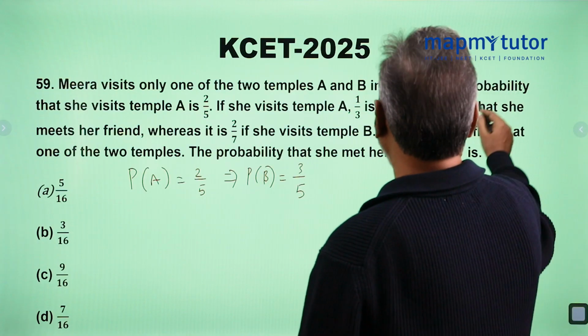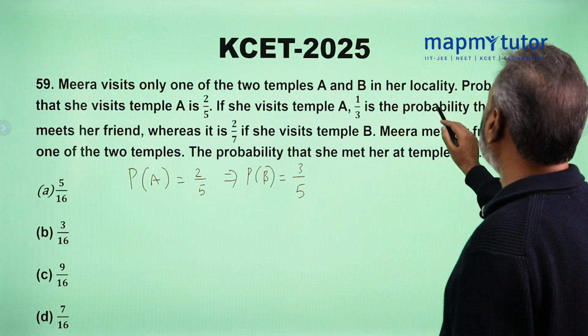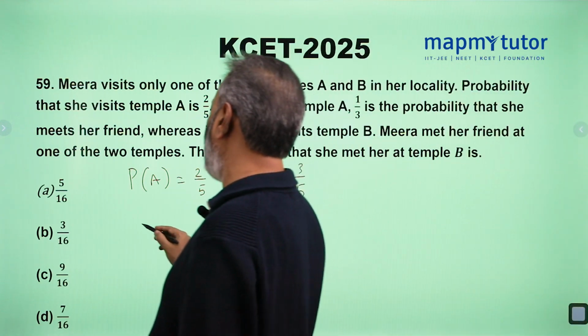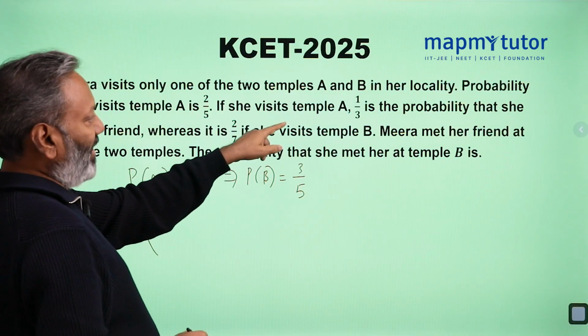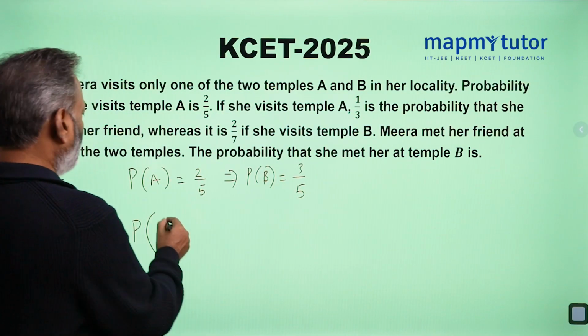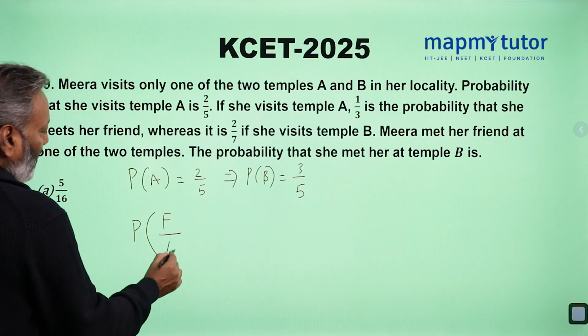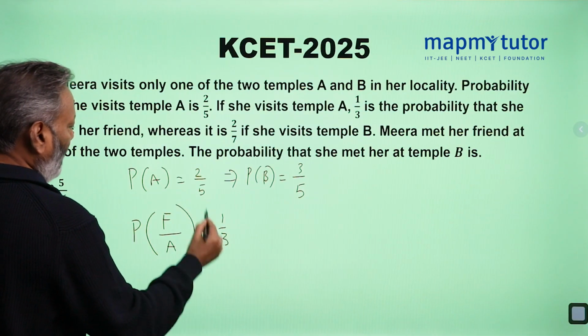Next. If she visits temple A, 1 by 3 is the probability that she meets her friend. That means it is a conditional event. If she visits A, she can meet her friend. So the probability that she meets her friend after visiting temple A is 1 by 3.